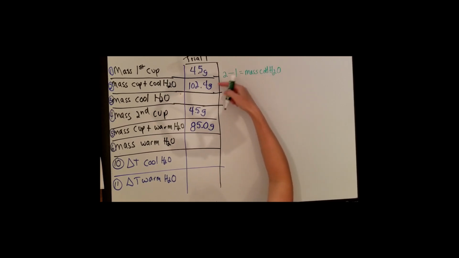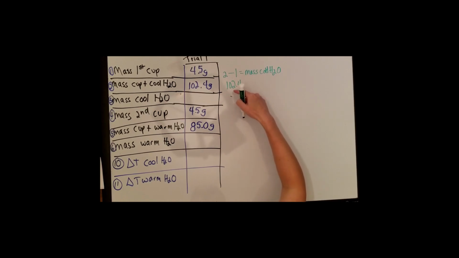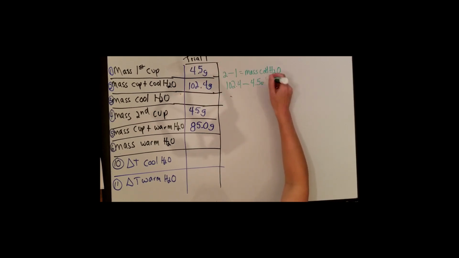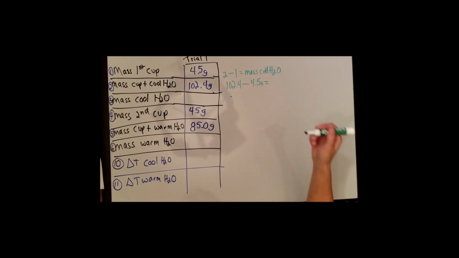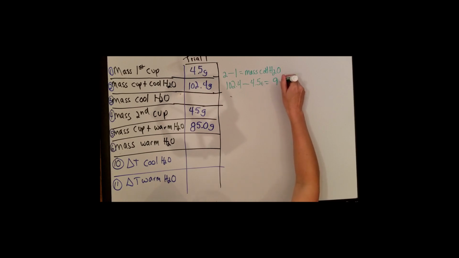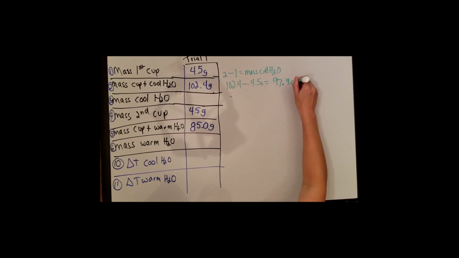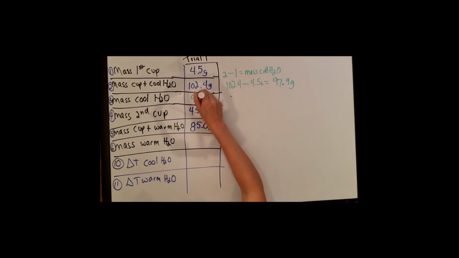So I'm going to take the 102.4, which is the mass of the water with the cup, and subtract out just the mass of the cup. Of course, I forgot my calculator. And I get 97.9 grams. So that's how much cold water I have, 97.9 grams.